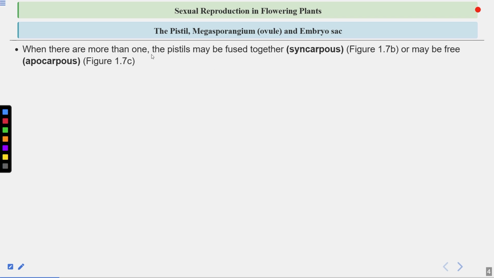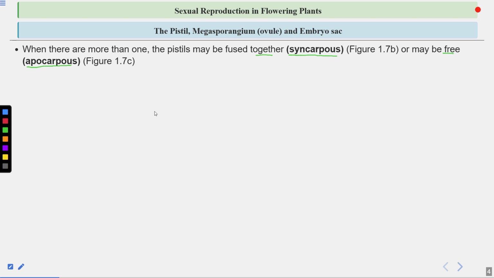When there are more than one pistil, there are two conditions. In the first condition, all the pistils may be fused together, and that condition is called syncarpous. But sometimes the multiple pistils that are present may be free, and that condition is called apocarpous.